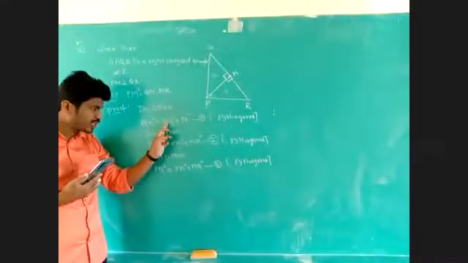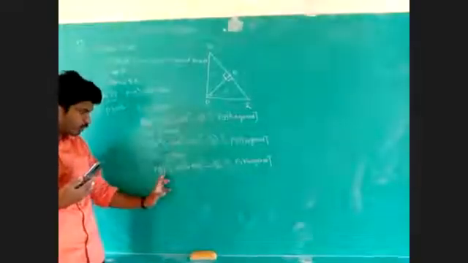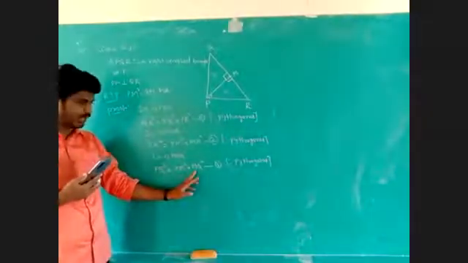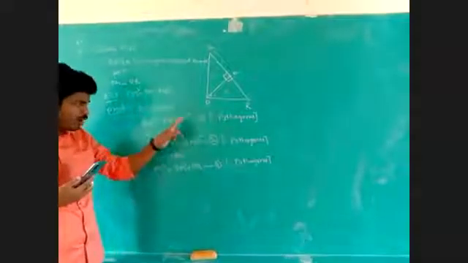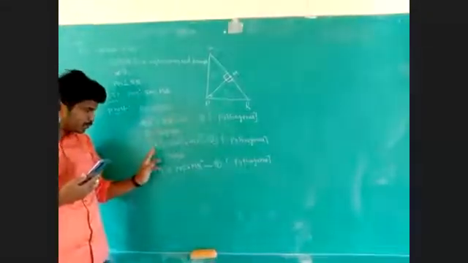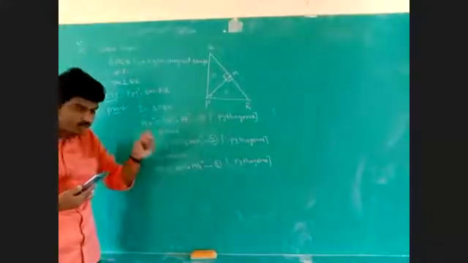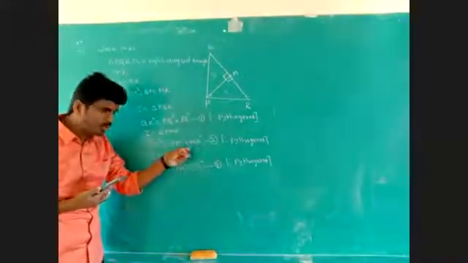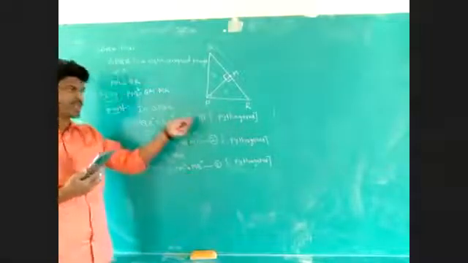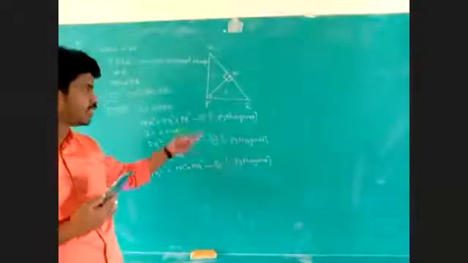In place of PQ square, substitute PM square plus MQ square. And in place of PR square, substitute PM square plus MR square. That is, substitute equation number 2 and equation number 3 in equation number 1.